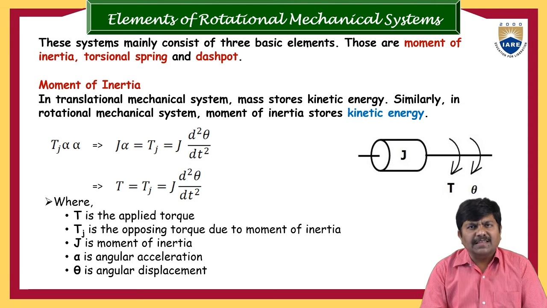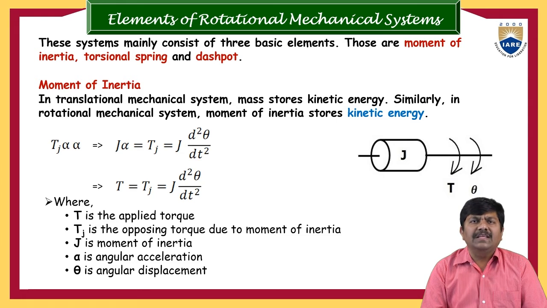The moment of inertia is present in the system because of some gravitational forces. Whenever the body rotates in the clockwise or anti-clockwise direction, there is some gravitational force. The gravitational force always tries to restrict the speed of rotation, so it always acts in the opposite direction to the applied force.